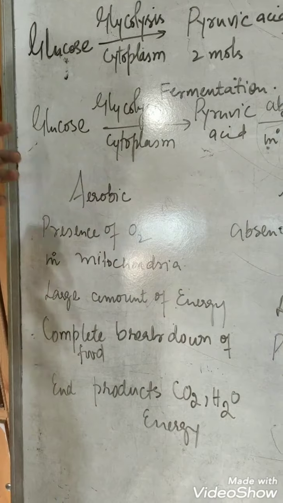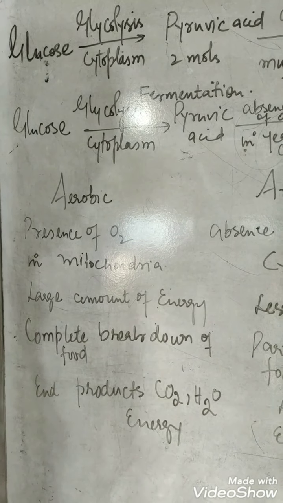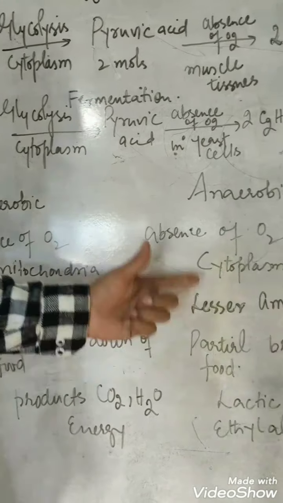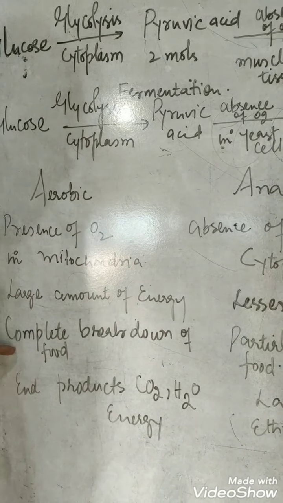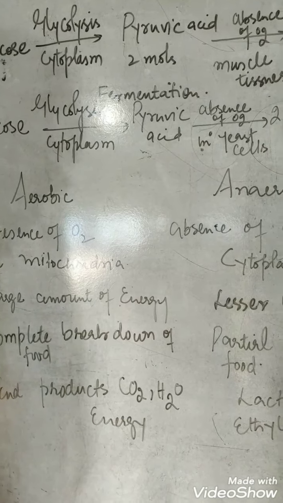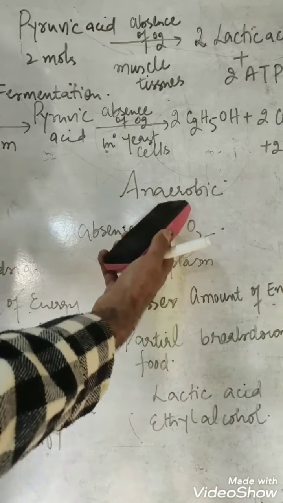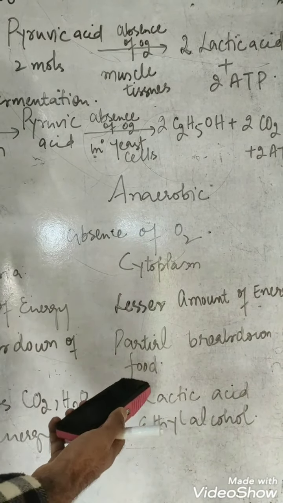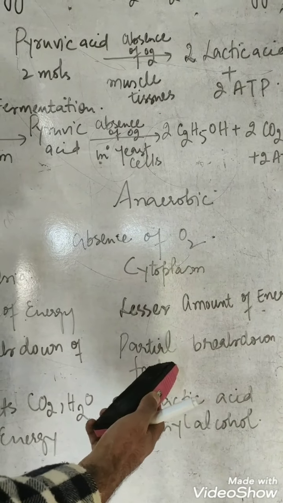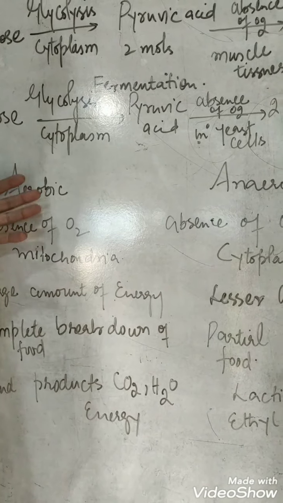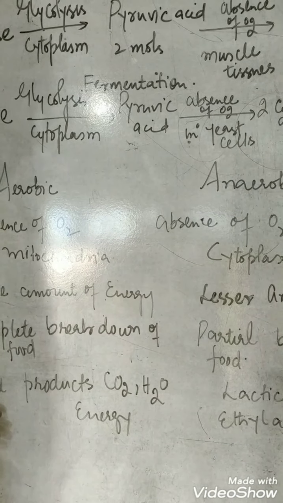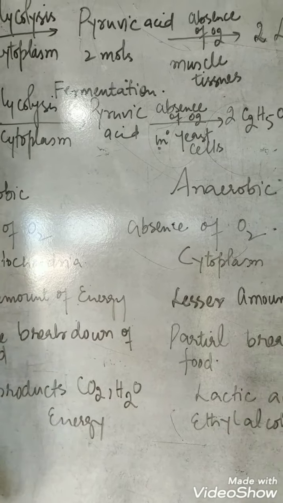A large amount of energy is produced during aerobic respiration, but a lesser amount of energy is produced during anaerobic respiration. In aerobic respiration, you can find the complete breakdown of the food molecules, but during the anaerobic phase of respiration, you can find the partial breakdown of the food. In aerobic respiration, the end products are carbon dioxide, water, and energy.